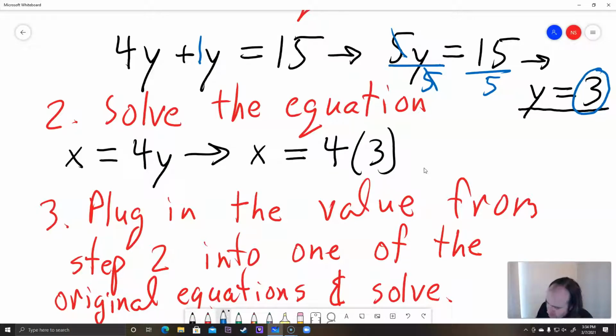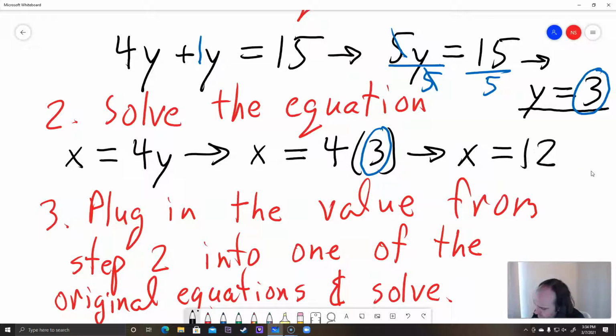That 3 I just plugged in for y, because we already figured out in the previous step that y equals 3. And then 4 times 3 is 12. So that gives us x equals 12. I'm going to underline that. So now we know both x and y. So we're almost done with the problem.